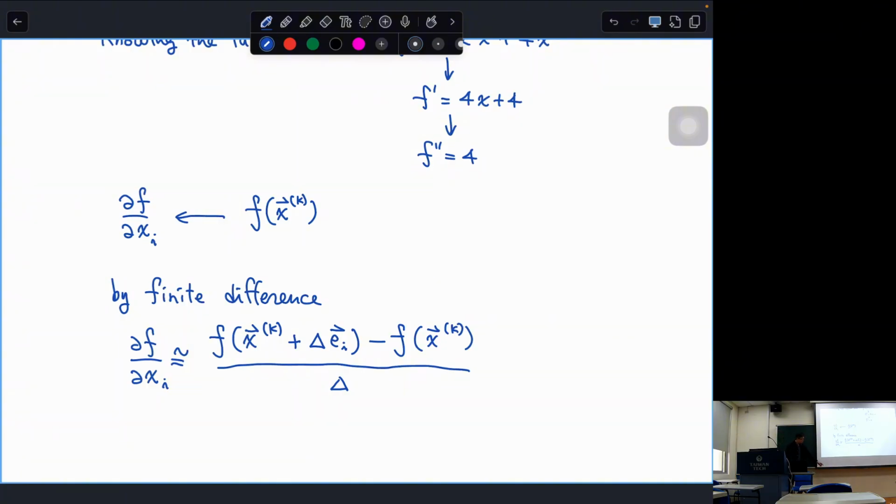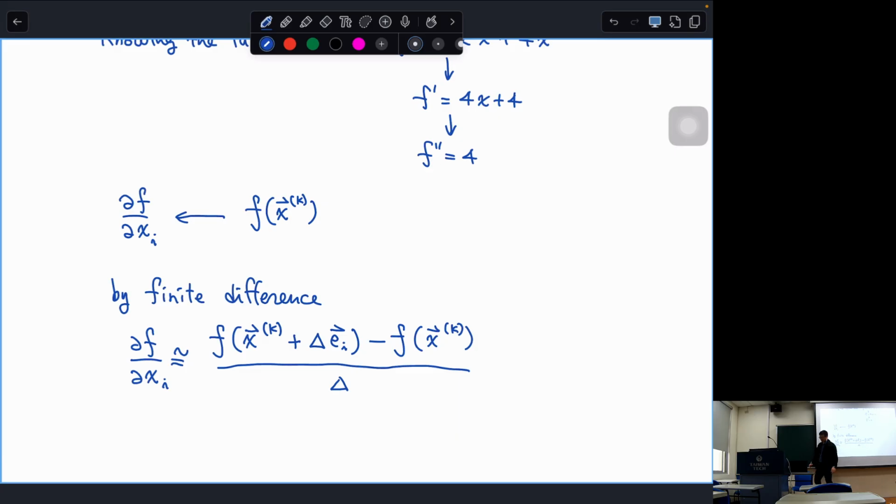Okay? This is your kth design. You want to do partial derivative with respect to xi. So you only have small increment on the ith coordinate. So ei, remember, is a normal basis. Ei equals to the component, the ith component equals to 1, the other are 0. So this means you only have small increment on ith component.